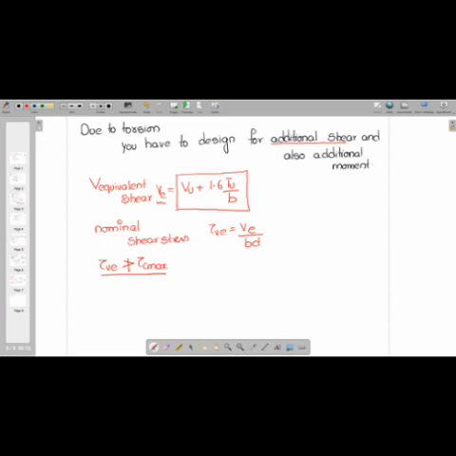Now suppose tau_v is less than tau_c, you should design for minimum shear reinforcement.